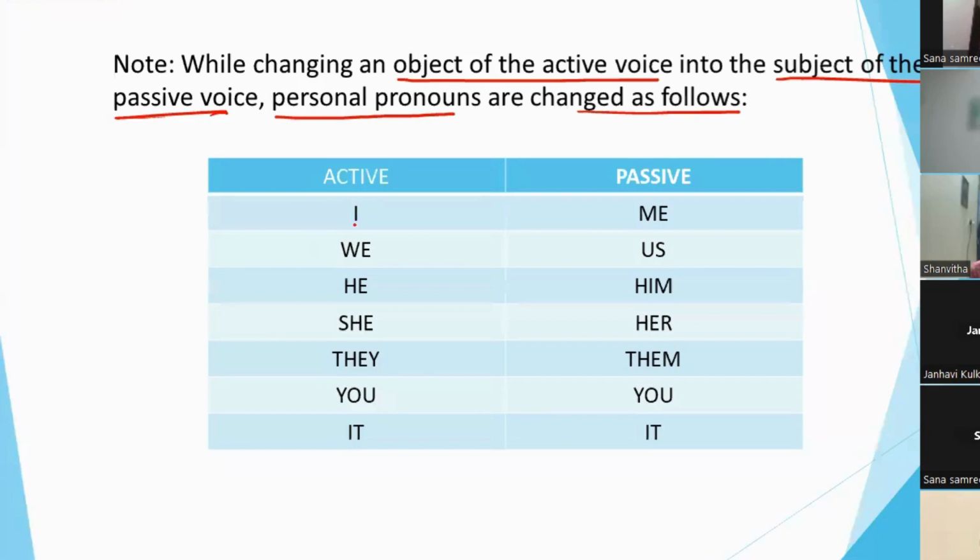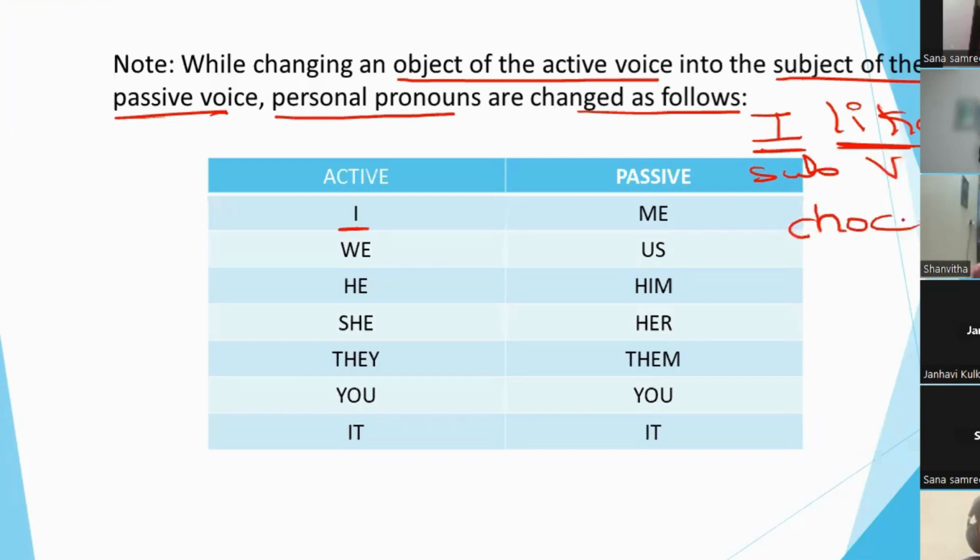For example, if you have I as your subject in your active voice, like I like chocolates, I is our subject here, like is our verb, and chocolates is our object. When we convert this into the passive voice, it becomes chocolates are liked by me.